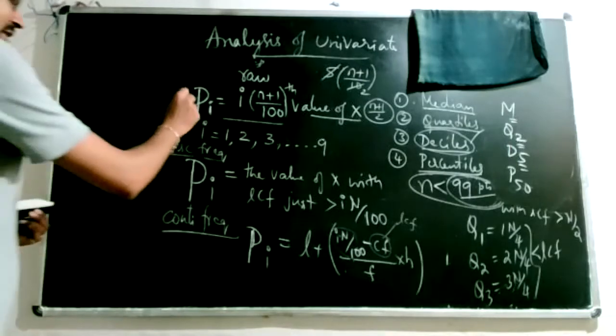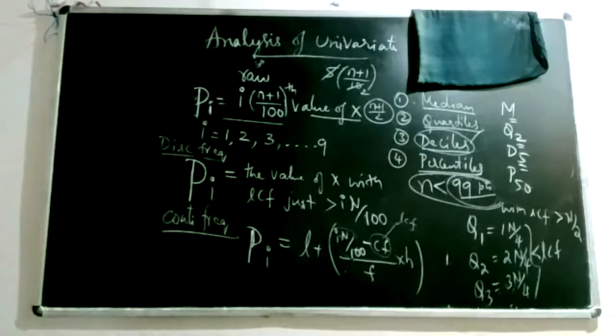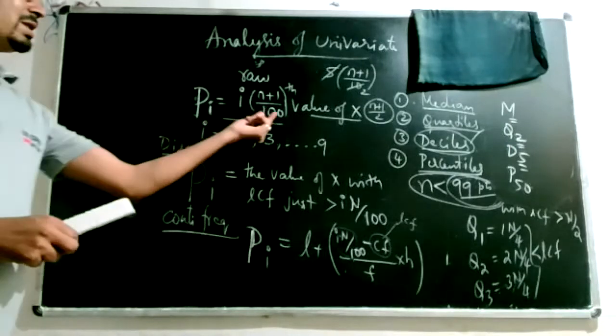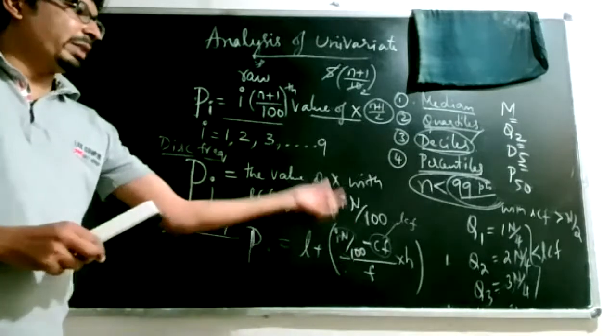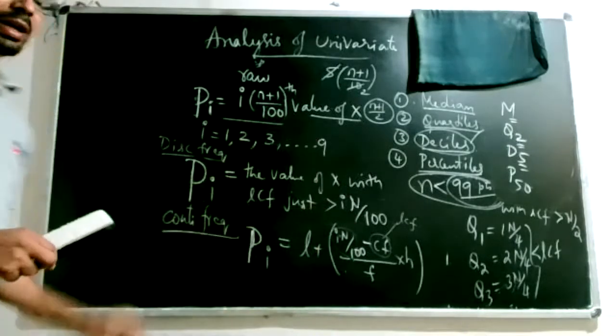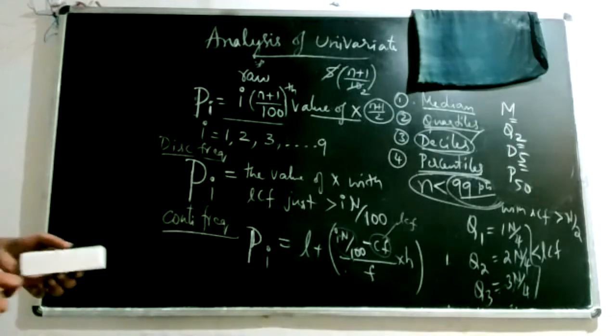So if you remember the quartile formula, easily you can write the formula for deciles as well as percentiles. Only the denominator number changes. You have 4, replace it by 10, replace it by 100. And the computational methods are also very easy and similar to that of quartiles.